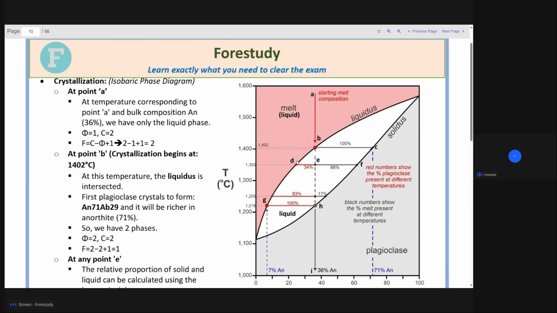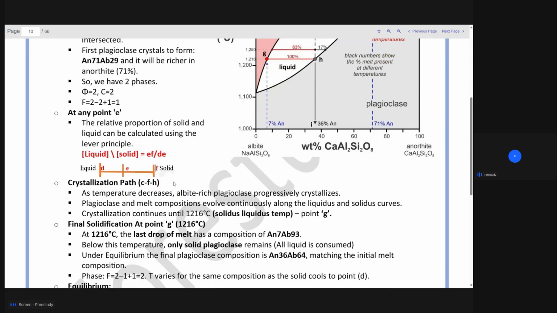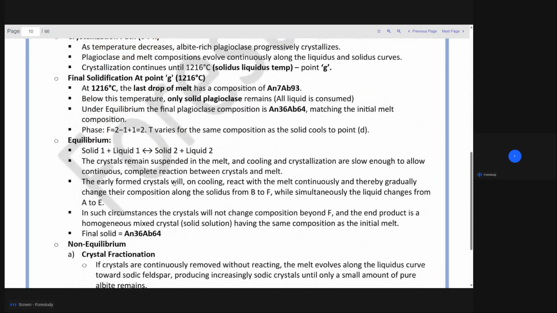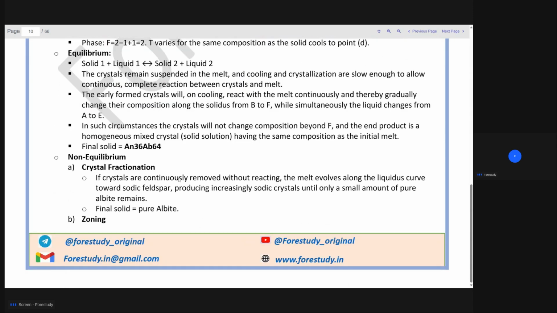So this will be the new bulk composition, right? Because only melt is there, we are separating out all the crystals from it. Again it goes here, then again we are separating out. That means a new bulk composition of the melt will be prepared. So we are not allowing it to crystallize with the already formed crystals. So the final solid will be pure albite.